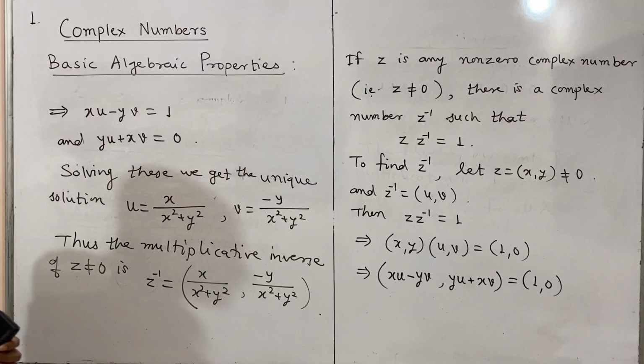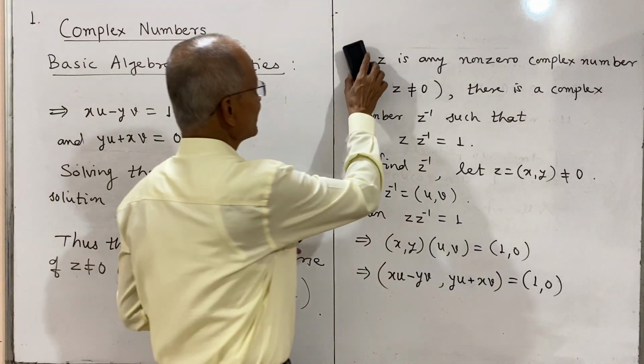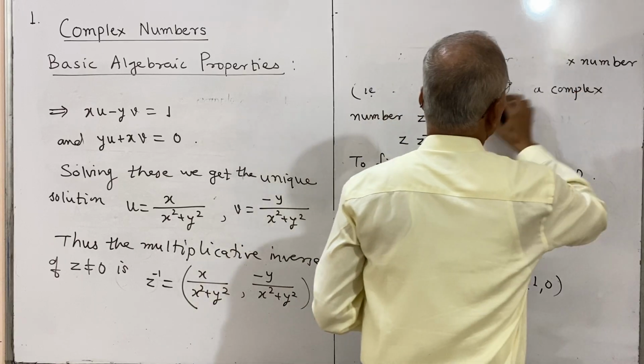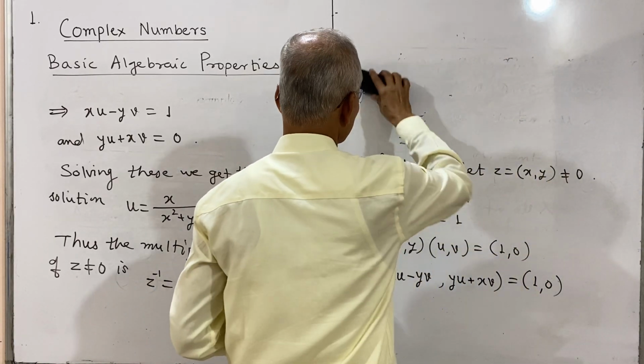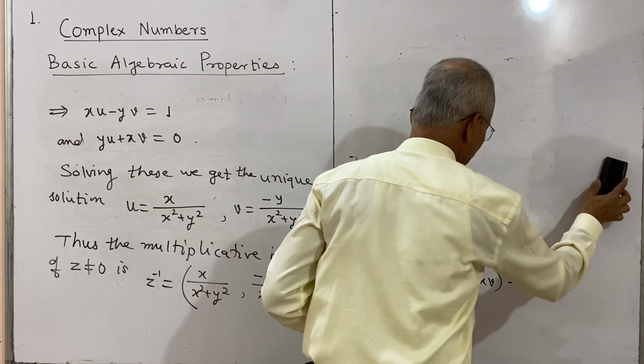This is the multiplicative inverse. Thus both inverses, inverse for addition and inverse for multiplication, exist.